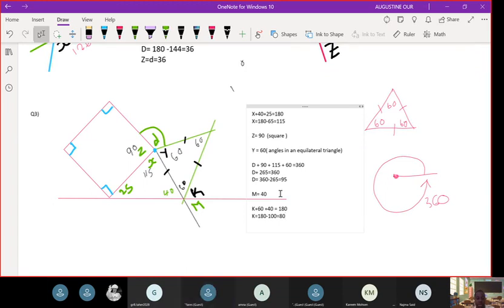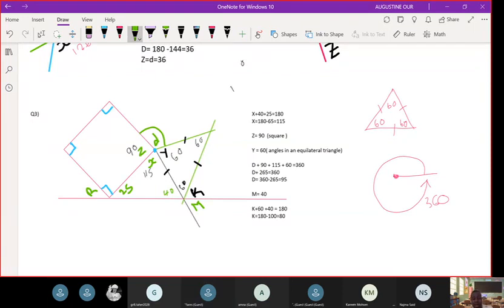Any question? No. Can I give you an exercise from this? Can I make this one an R here? Can you find R? 90? No, R is not 90. 40? No, stop guessing. Why is it 40?